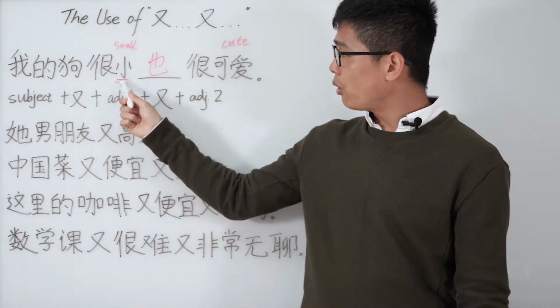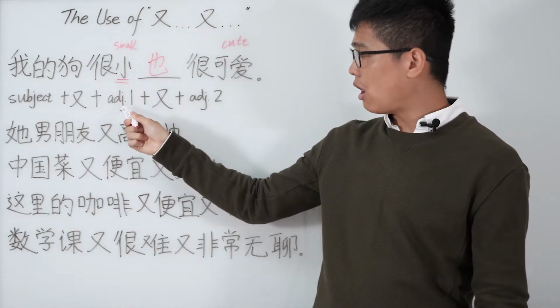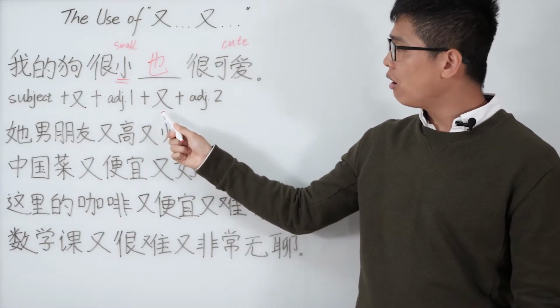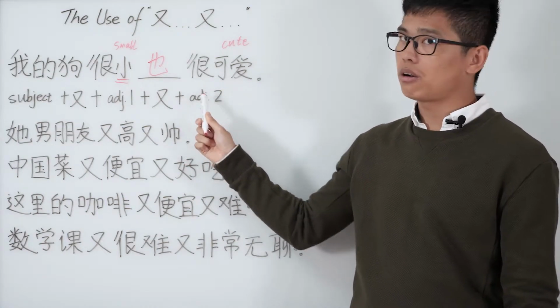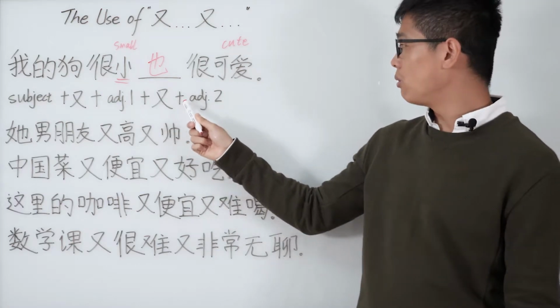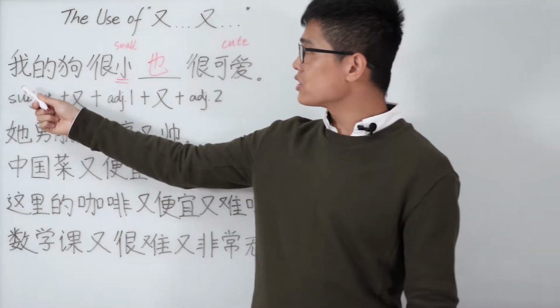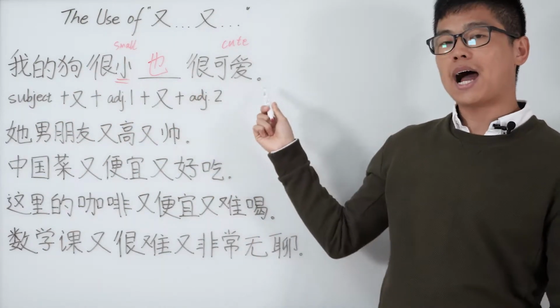Here will be 小. 我的狗又小. And then you say yo again. Yo. And then adjective 2 follows the second yo. Here is 可爱.